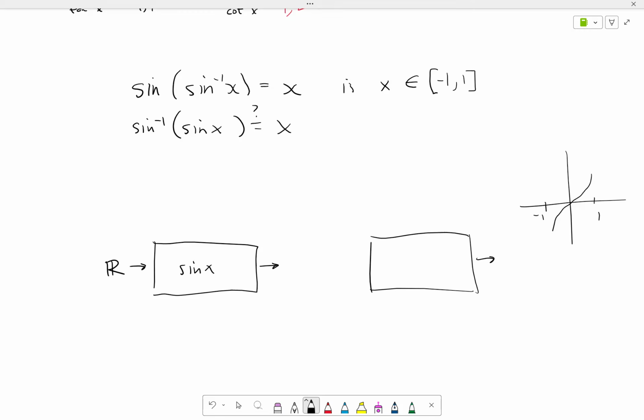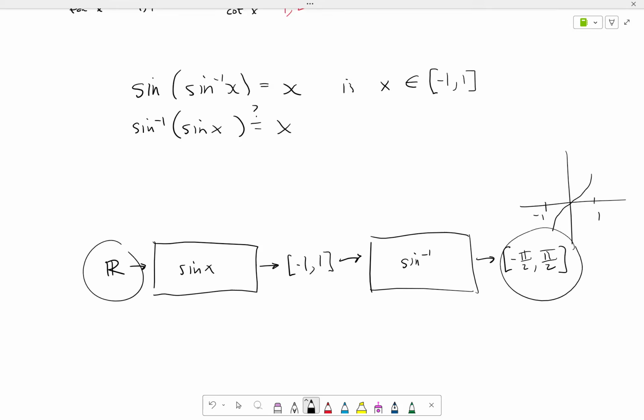What comes out of this? -1 to 1. And in this case, that -1 to 1 goes into sine inverse. And what comes out? -pi/2 to pi/2. Notice this and this don't match, do they?